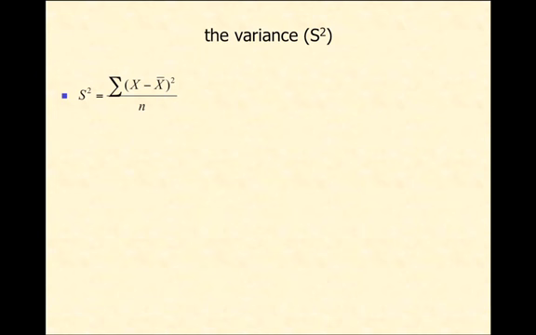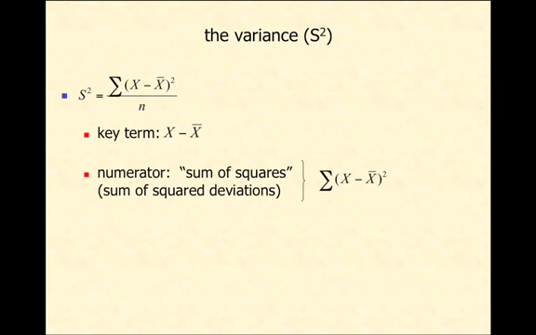So what is variance? Well, variance, expressed as S squared, is nothing more than the sum of all deviation scores squared divided by the number of cases. Pretty simple. So the key term here is the deviation score. It's the score minus the mean. So our numerator, which is the sum of squares, is the sum of our squared deviations.